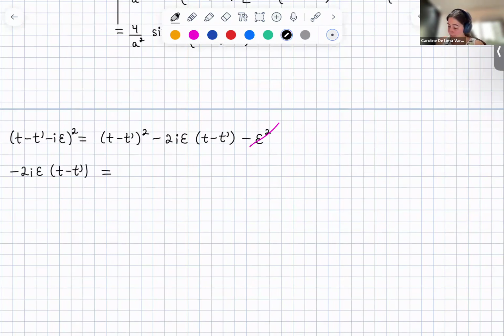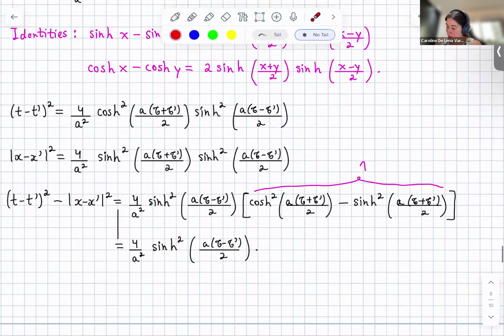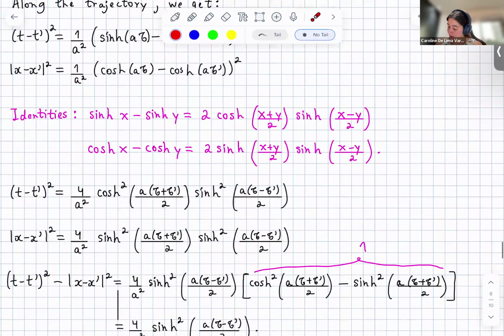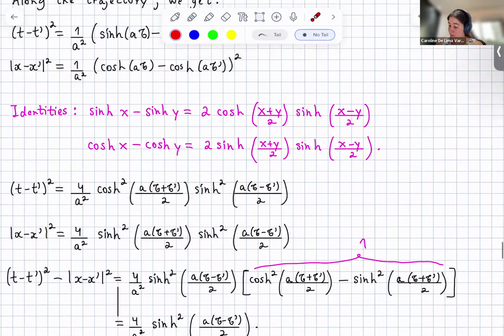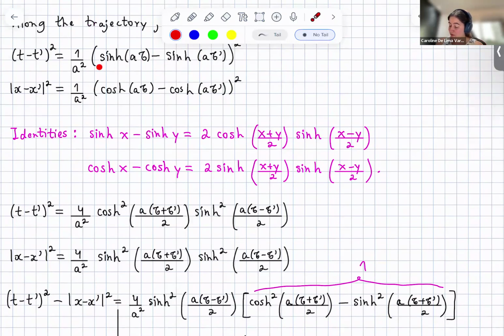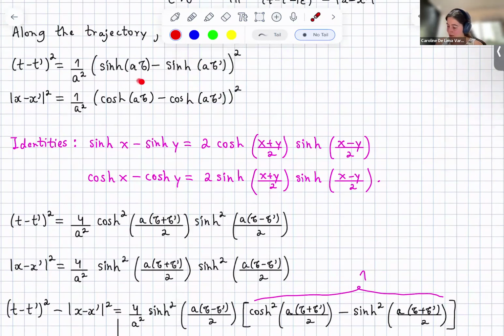Now I can rewrite this minus 2i epsilon times (t minus t prime) by just plugging in what t minus t prime is. I computed it here; this is the square of it. If you just look at the expression for sinh of a tau minus sinh of a tau prime, I get this expression here.